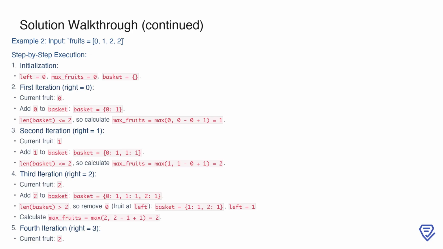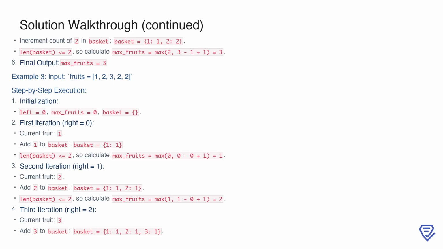At index 3, the current fruit is 2 again. We increase the count of 2 in the basket, resulting in {1: 1, 2: 2}. Since the basket contains two types of fruits, which is valid, we calculate the maximum as max(2, 3 - 1 + 1), which equals 3. With no more fruits left to process, the final output for this example is 3.